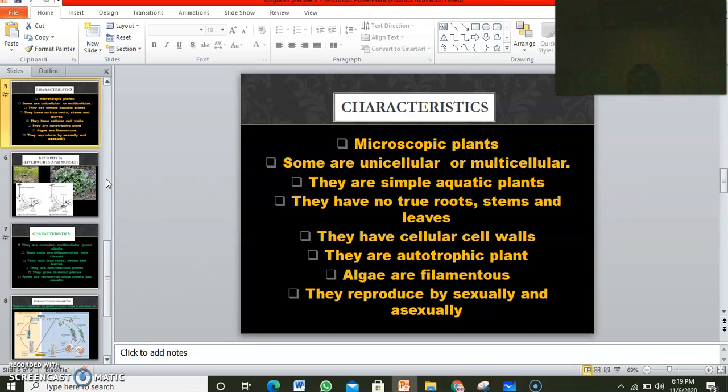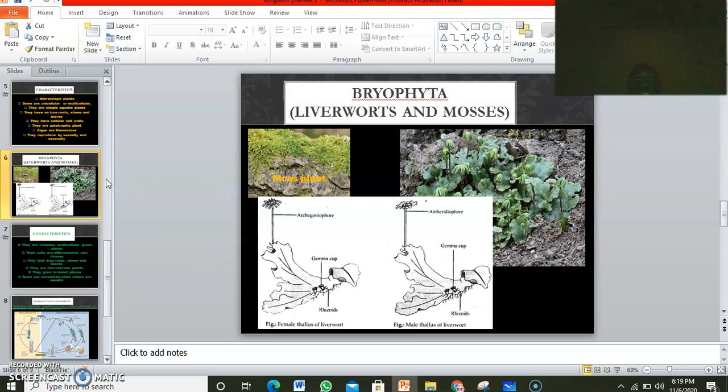They are actually cells that are connecting to each other at each end. They reproduce sexually and also asexually. So some of these plants can reproduce using gametes. They can also reproduce with spores, without gametes, they can reproduce their individual.